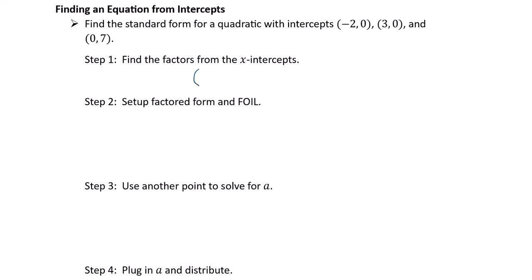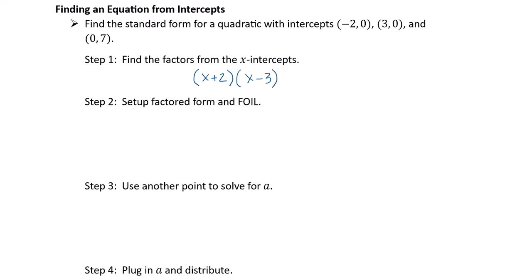Well, we know that if we have an x-intercept of negative 2, 0, it must have come from this factor of x plus 2. If we have the x-intercept of 3, 0, that must have come from the factor of x minus 3.